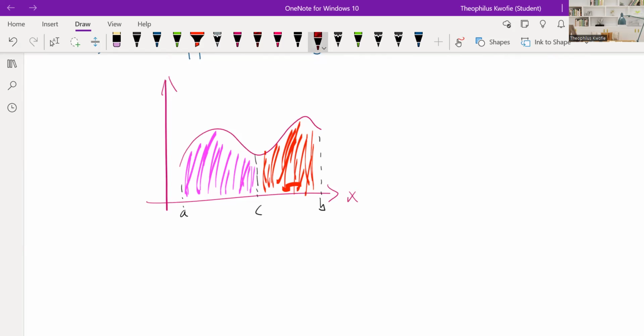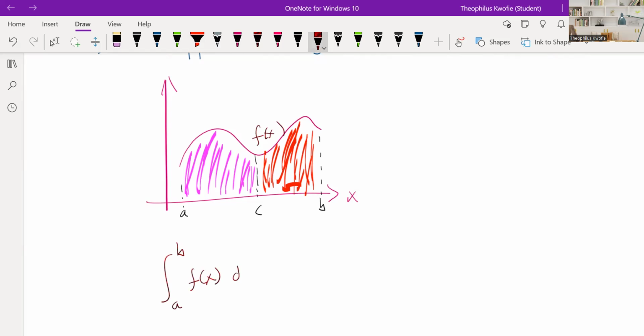Now, for me to find the area under the entire curve, which is me moving from A to B, suppose this is my f of x, okay?